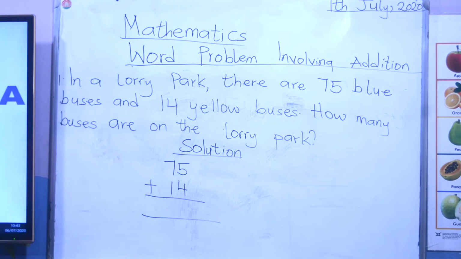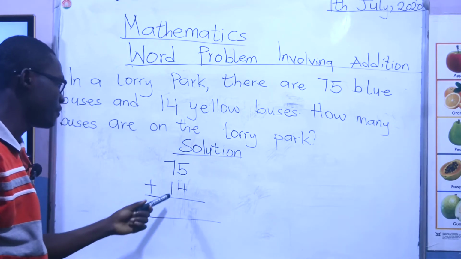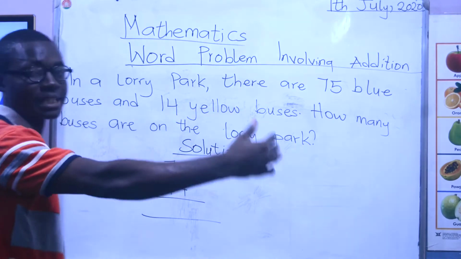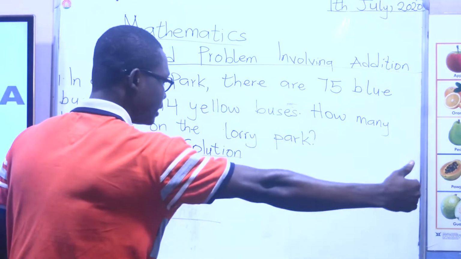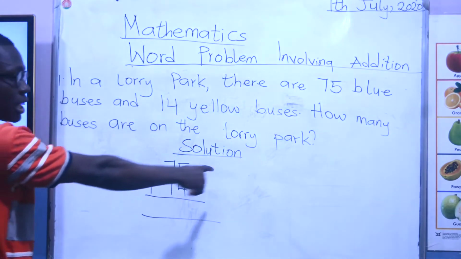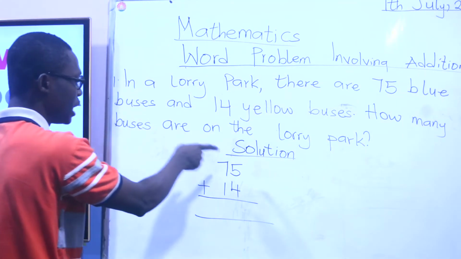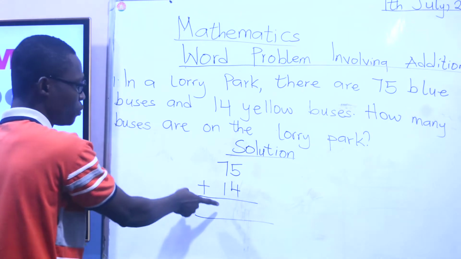So you are going to put all of them together. We have here 75 and 14. First of all, anytime when you are solving addition, we start from our right hand side. So when you look at our right hand side here, we have 5 and 4, and here we have 7 and 1.